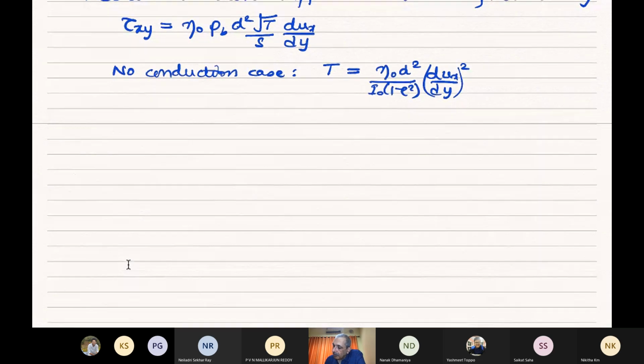And so if we now substitute this in here, then you can clearly see that tau xy is just eta 0 rho b d squared.